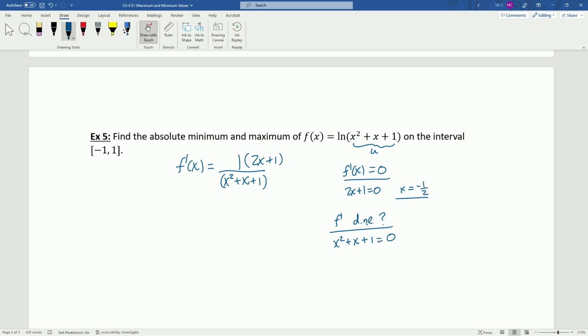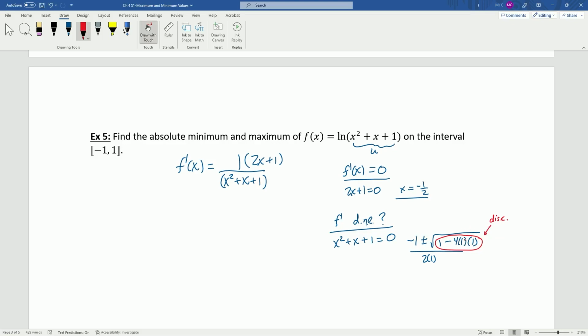Well, I could try to factor this, but it won't work. What I could do is check the quadratic formula. So -b plus or minus square root of b squared minus 4 times a times c, all over 2 times a. And what do we see? This thing inside here, we call this the discriminant, as a reminder. And that's because it discriminates between the types of solutions that you will have. Either 2 solutions to a quadratic, 1 solution, or no solution.